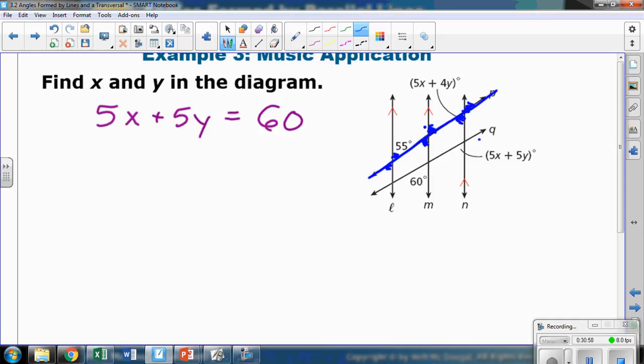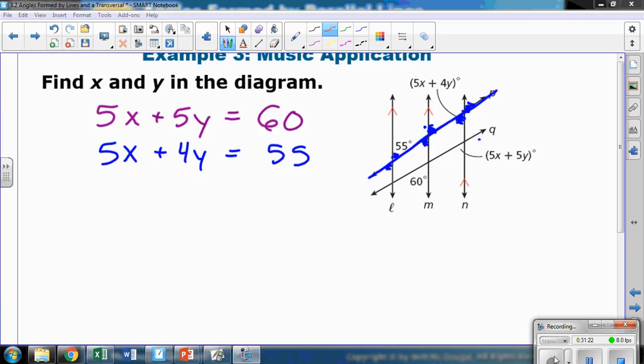All of these in the blue have to be 55 degrees, which would allow us to then identify 5x plus 4y is equal to 55 degrees. And we've now created an Algebra 1 problem.